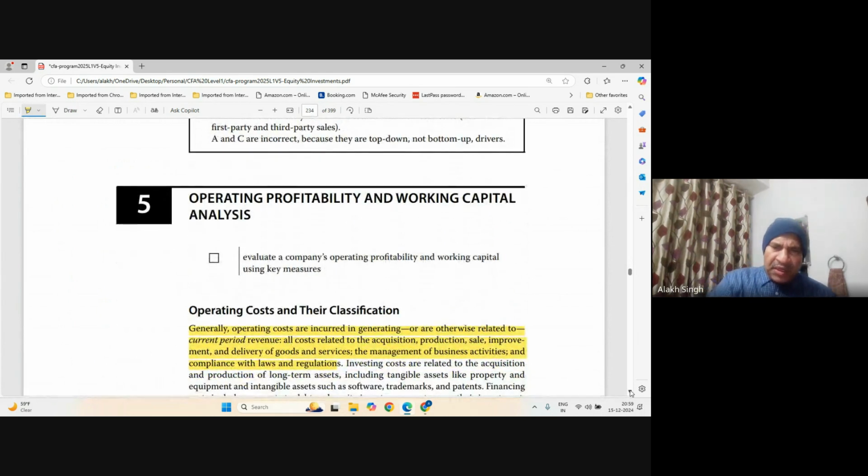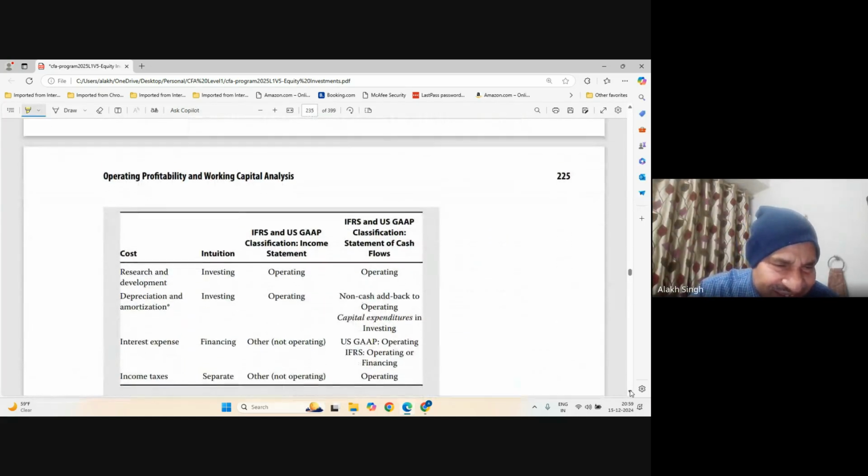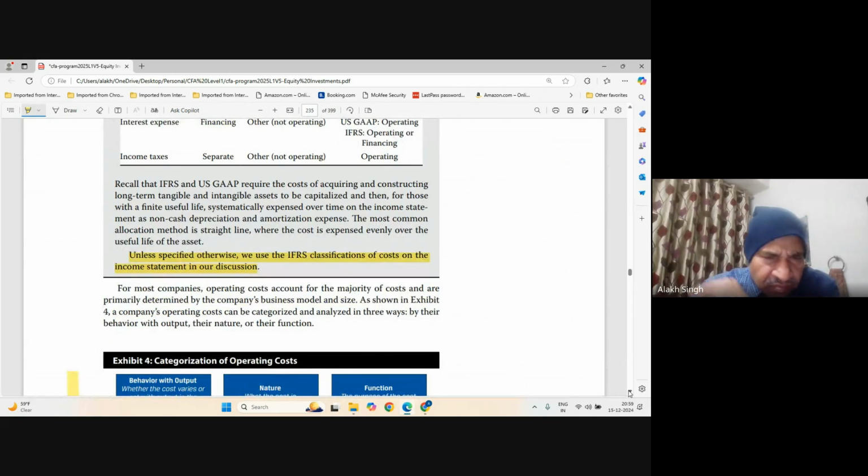Operating profitability and working capital. We have studied a lot in financial statement analysis about operating profitability, so I will be fast here. It is the same concept, and it is economics as well, a little bit, in terms of what kind of cost. Let's go down, there was nothing new.